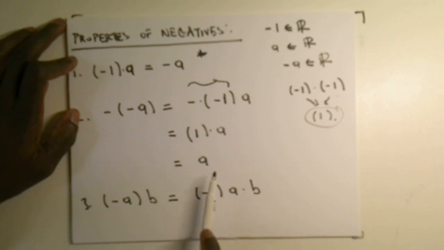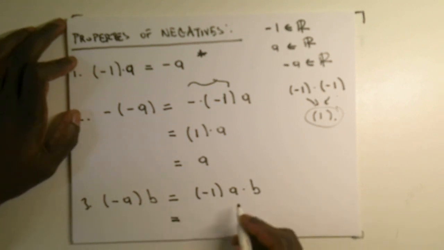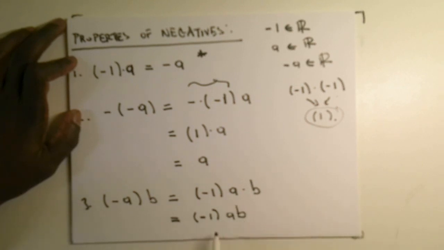You're not operating on A, you're changing the sign. So A times B will now give me AB. So now I have negative 1 times AB, and this will give me a negative AB.